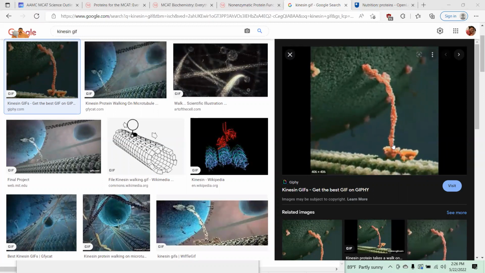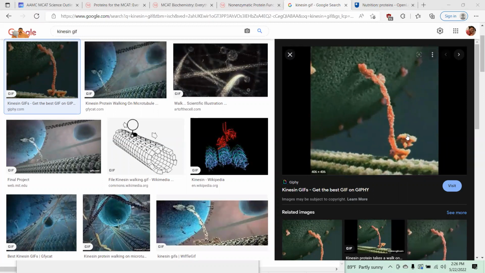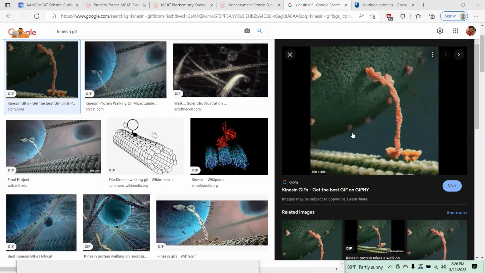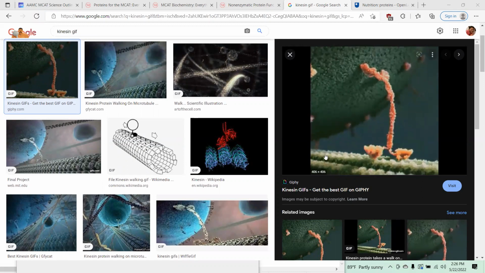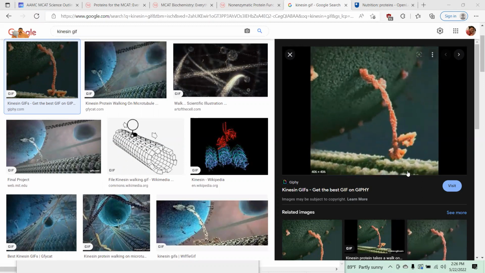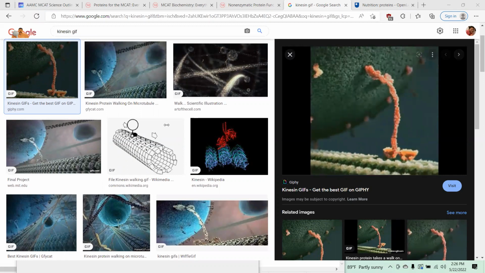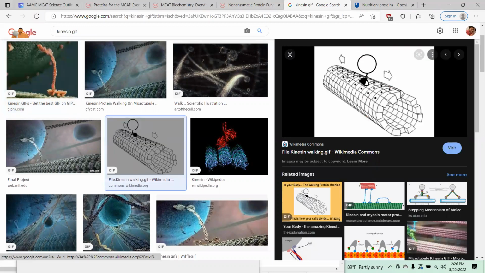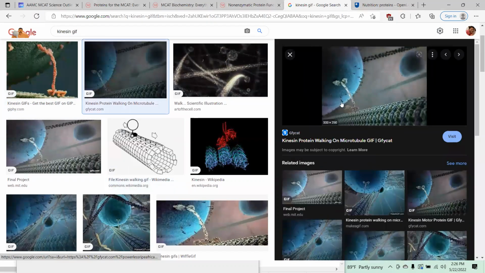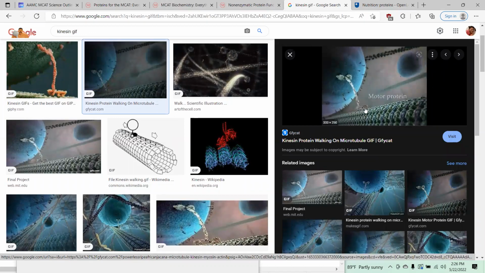What we're seeing here is a kinesin or a dynein holding a vesicle and transporting it along the green microtubule track on the bottom here. This is really quite cool because these guys can walk along the track and transport stuff. Just one step at a time, it keeps trucking along and transports whatever it needs to transport.